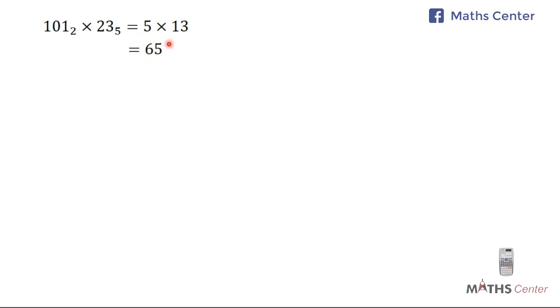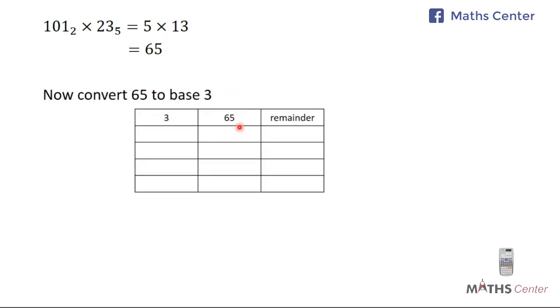So we now have the answer here, but it's in base 10. The question told us to leave our answer in base 3. So we have to convert 65 to base 3. 65 divided by 3 will give us 21, remainder 2. 21 divided by 3 will give us 7, remainder 0. 7 divided by 3 will give us 2, remainder 1.